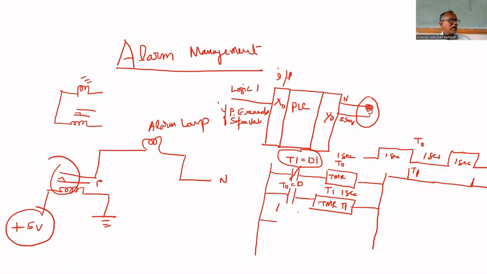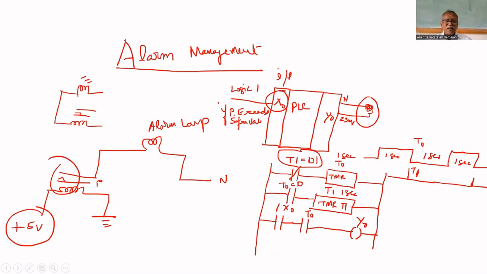Another signal is required. If pressure exceeds, the lamp has to glow. When the pressure exceeds, X0 will be 1. Therefore, we have put X0 here. If X0 is 1, the lamp has to be turned on, and it should blink. That's why you put T0 also in series with that. Then the lamp is connected at Y0.